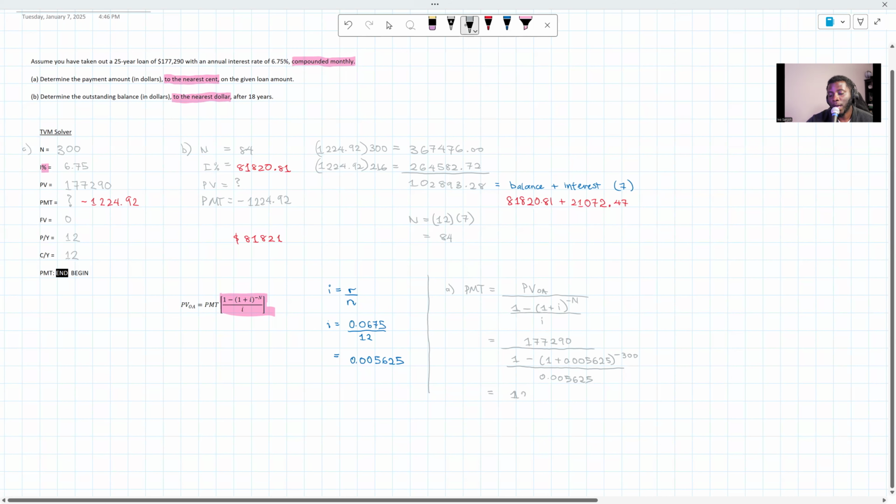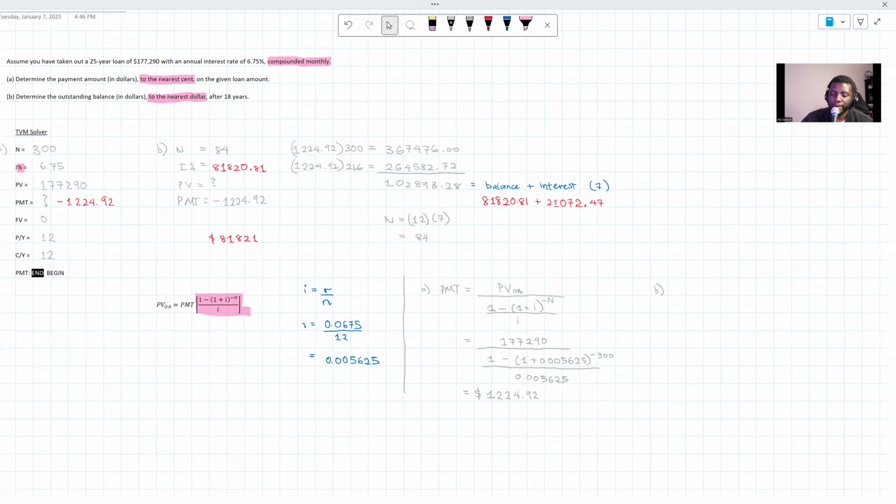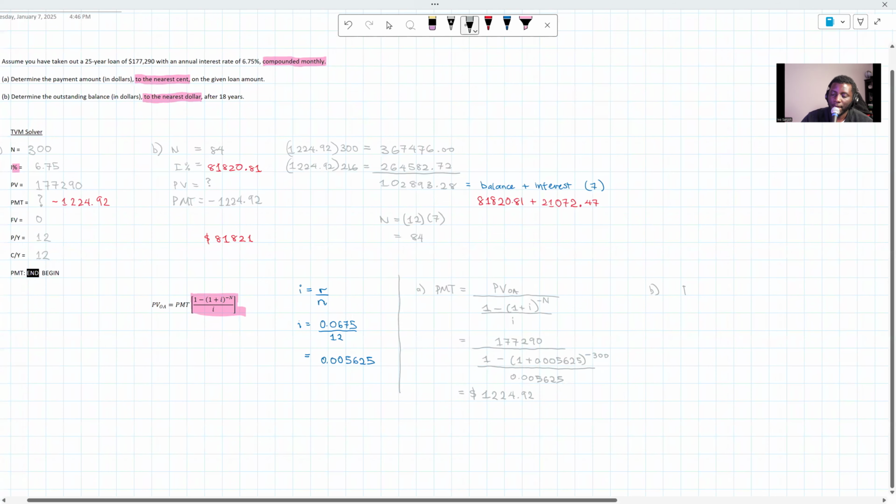If you plug all of this in, you should get exactly the same thing. However, it would be positive this time. So this would be $1,224.92. And if we're looking for the outstanding balance, then we would solve for the present value.